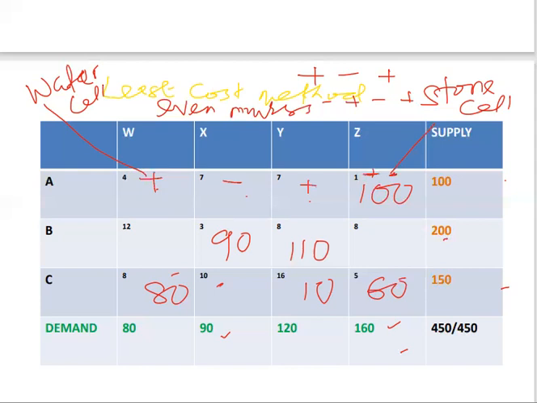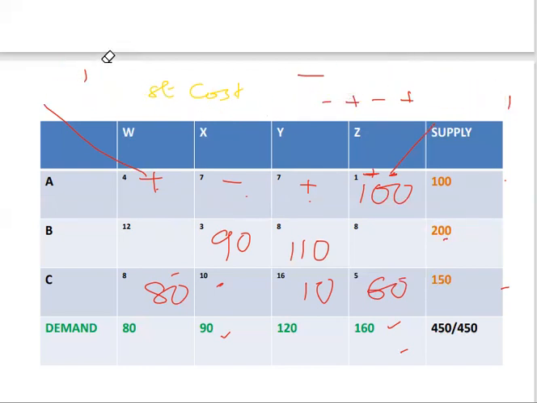But as we put those signs, minus must not be more than plus, and plus must not be more than minus. They must be even. If your plus is 3, your minus should also be 3. If your plus is 4, your minus must be 4. If your plus is 2, your minus must be 2.